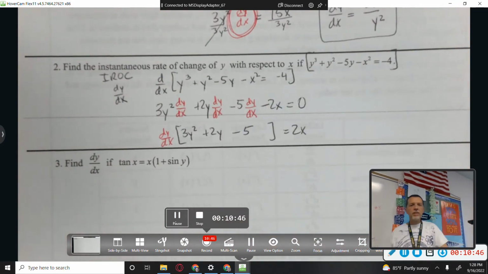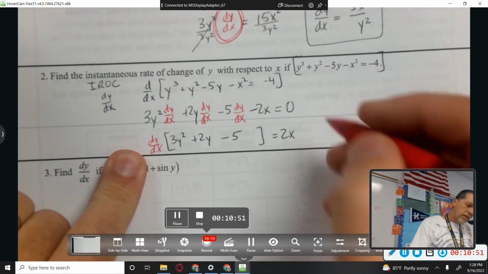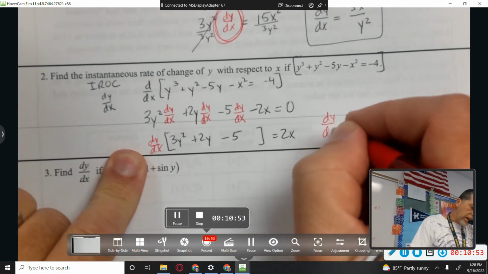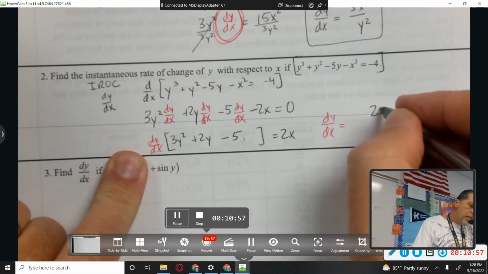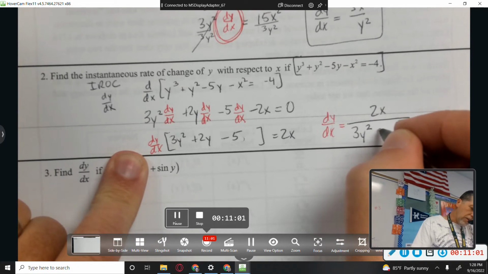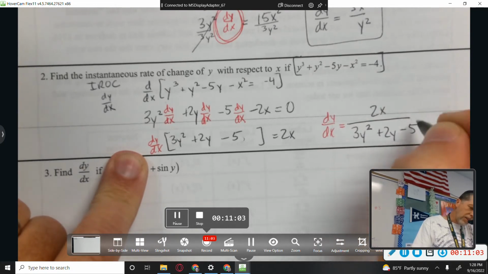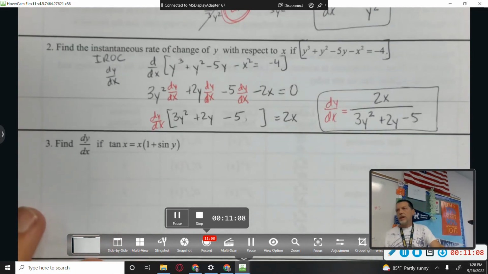I move the 2x over. I'm trying to get dy dx by itself. So I need to just divide by all of that stuff. So 2x over 3y squared plus 2y minus 5. So now I have dy dx.